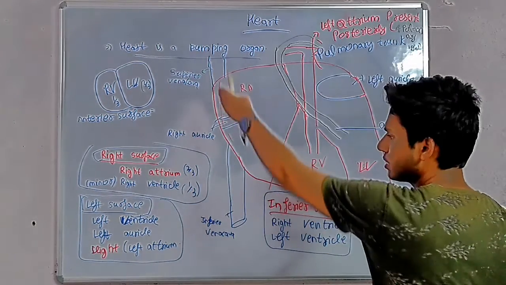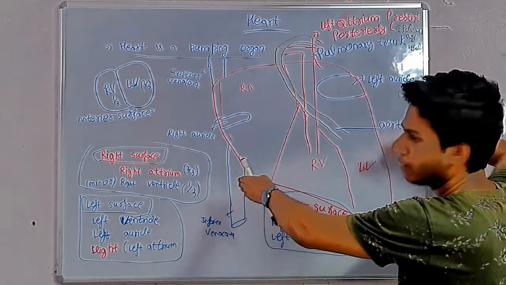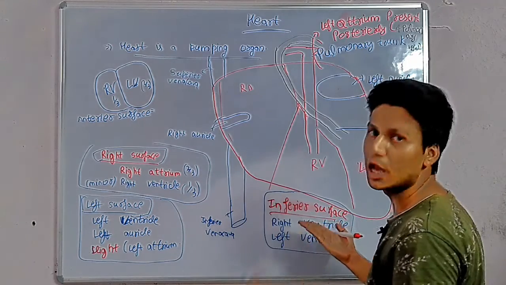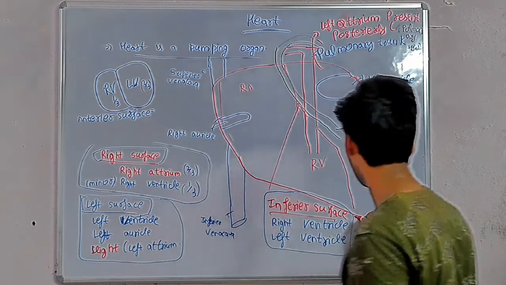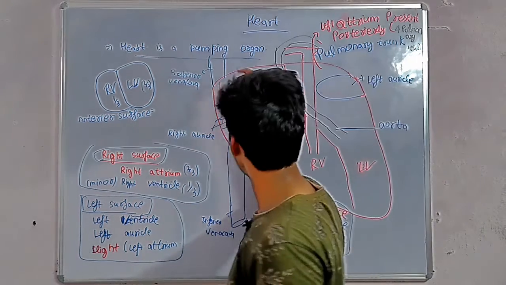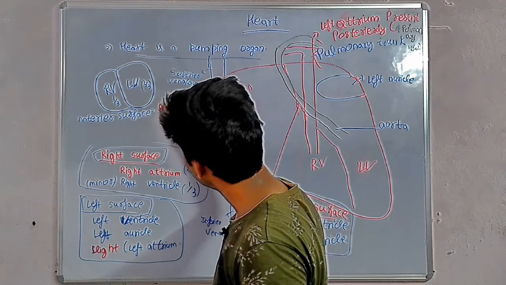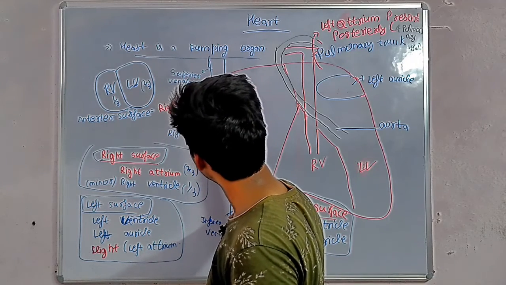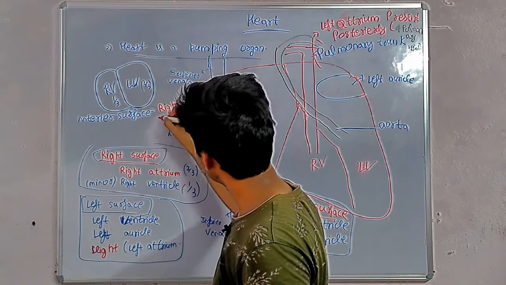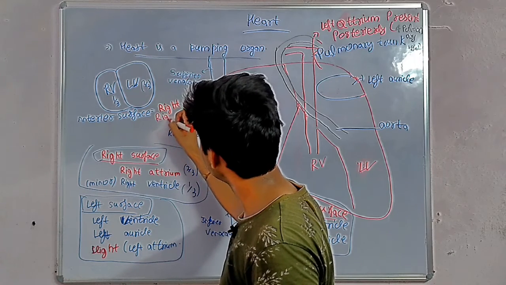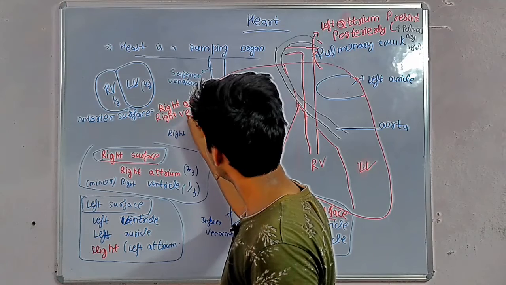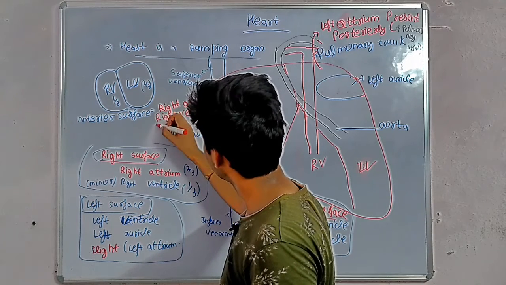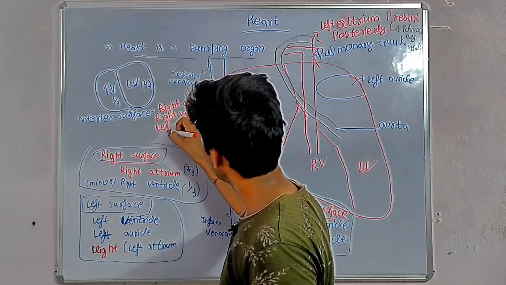This right side is the right surface, the left side is the left surface, and the inferior surface is the diaphragmatic surface. The anterior surface is the right atrium, right ventricle and left ventricle.